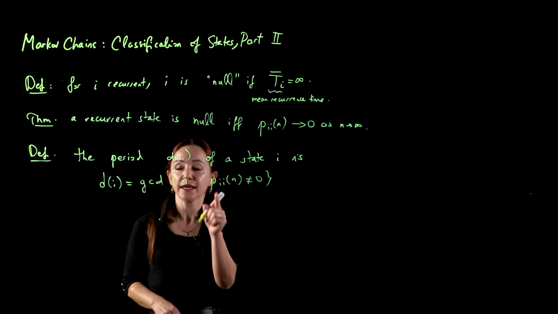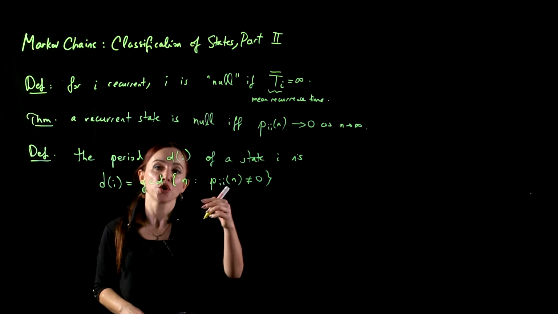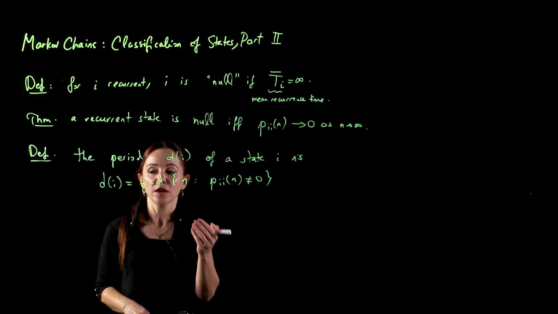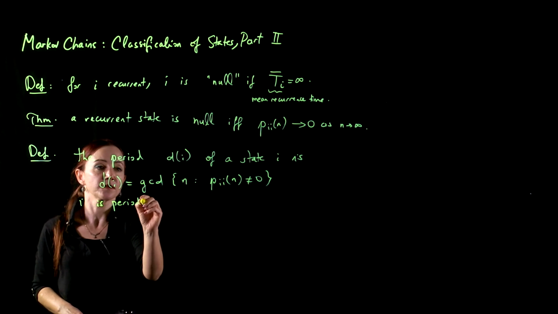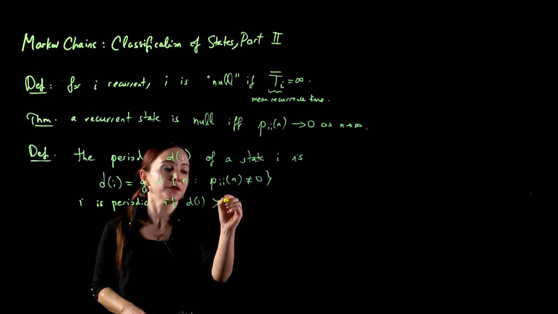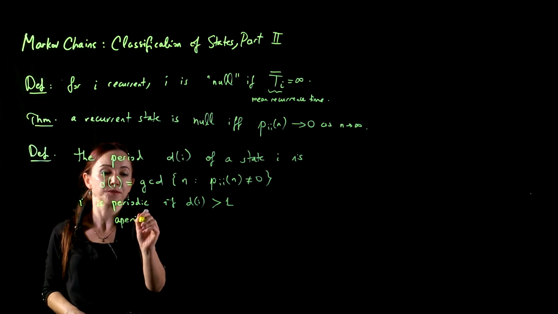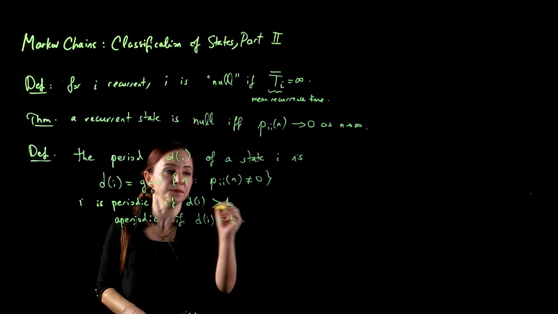That is, this is the greatest common divisor of epochs at which return to state i is possible. So i is periodic if d of i is bigger than 1, and it is said to be aperiodic if the period is 1.